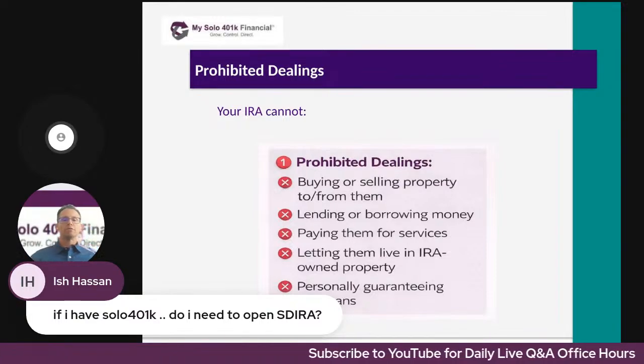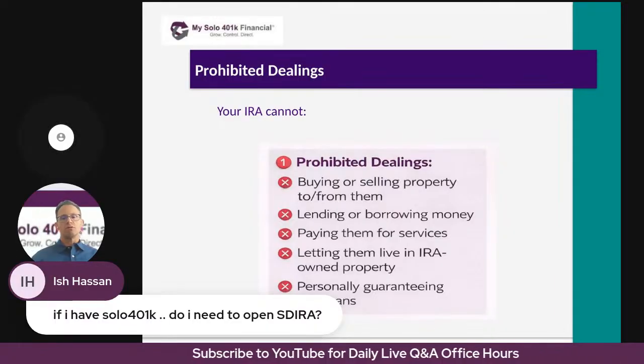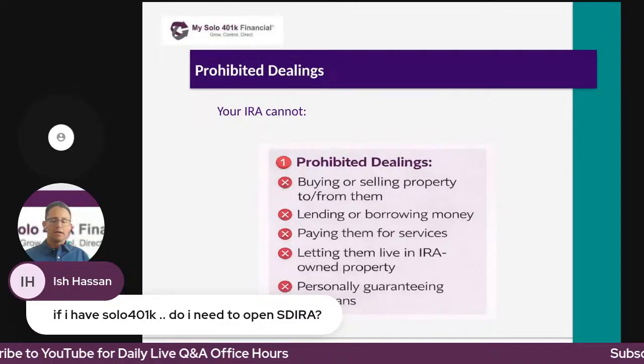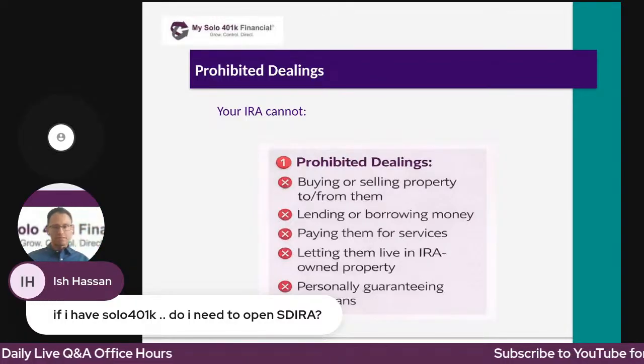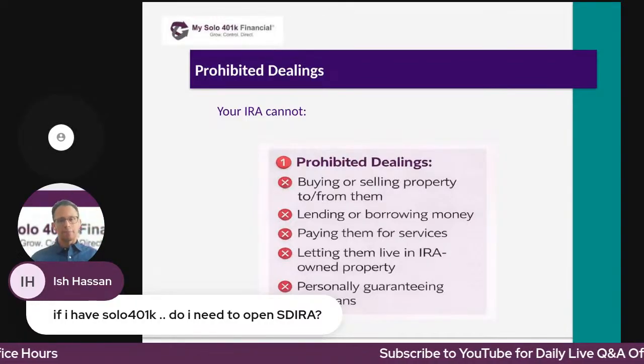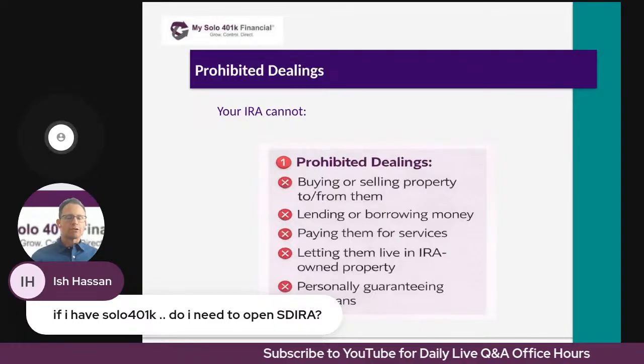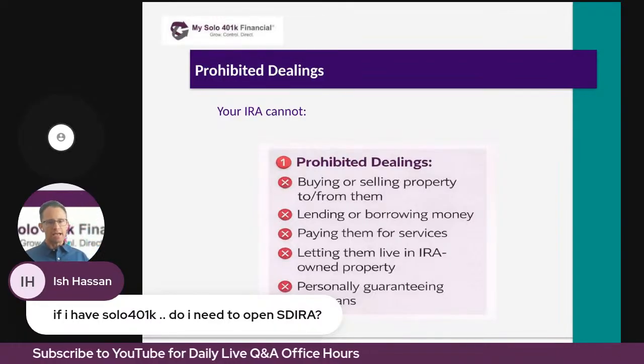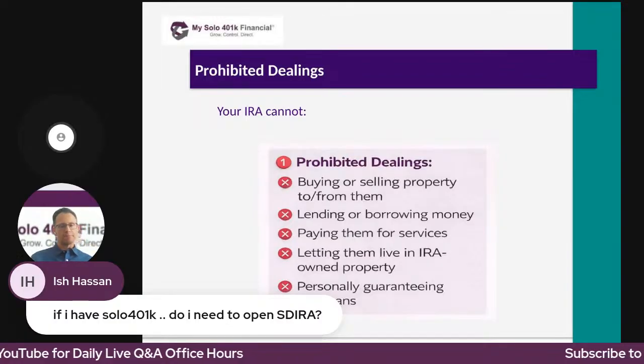Also, you cannot build your personal residence on land owned by the IRA. Many individuals like to invest their self-directed IRA in vacant land. Well, you cannot turn around and build your personal residence on that vacant land that's owned by your self-directed IRA.